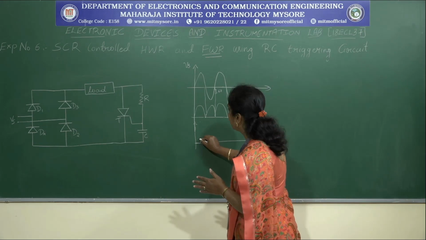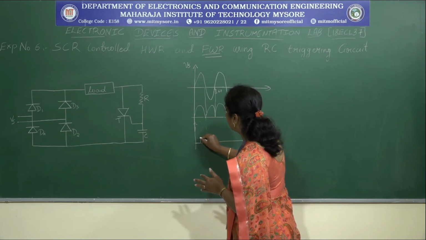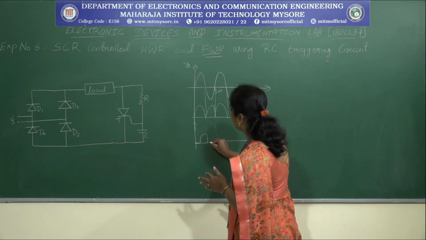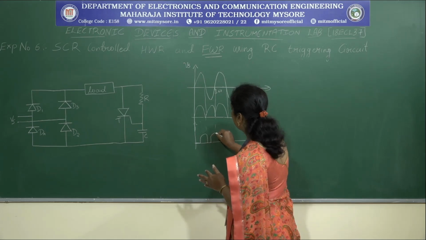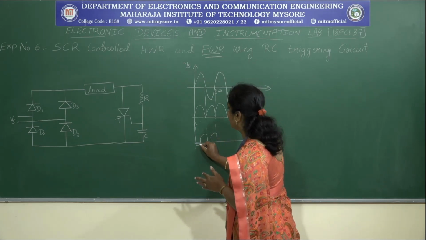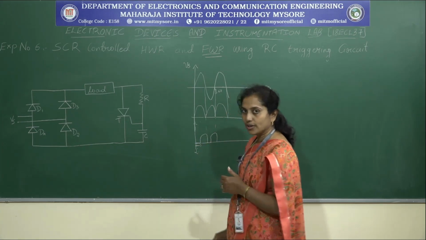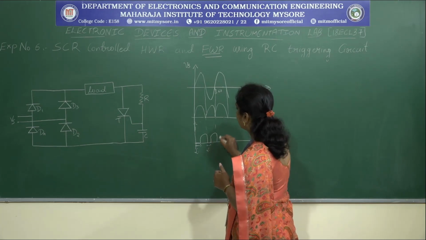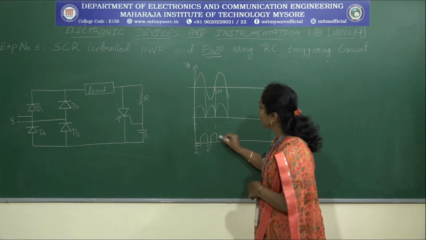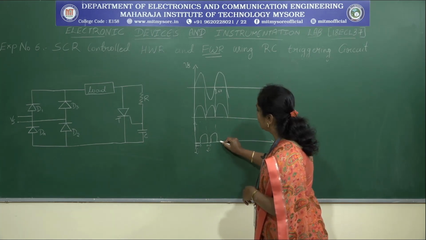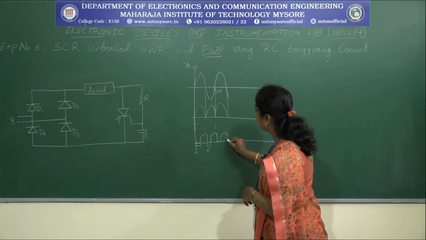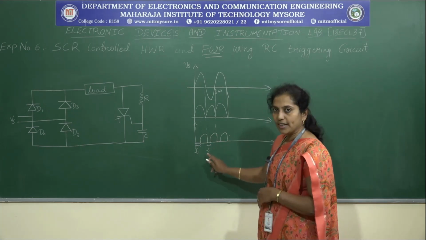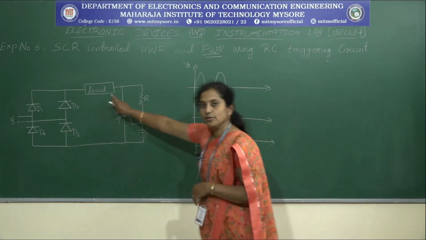This is the positive half cycle, the shape of the output will be the same. In the negative half cycle also you are getting the power. This is the alpha for the positive half cycle, this is the alpha for the negative half cycle. That means you are getting maximum power across the load.